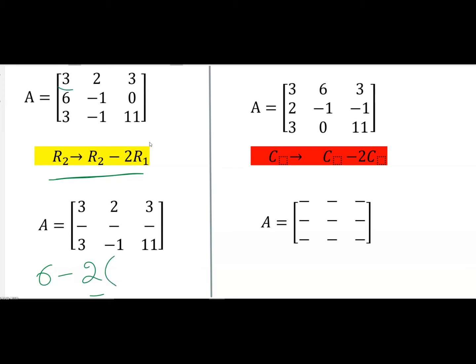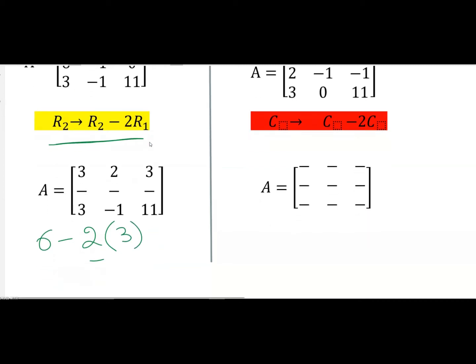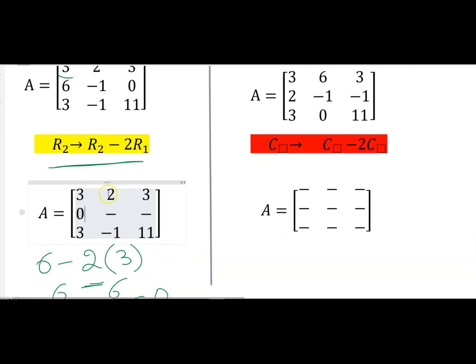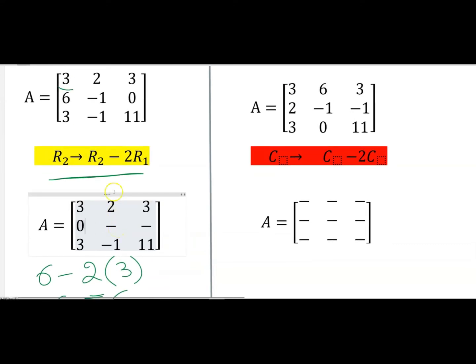That is 3, right? So now you can see that this will be 6 minus 6, that is 0. All right. So after applying the operation, what will be the first element of the second row? That is 0. All right. So with the same method, you can find the other entries as well.